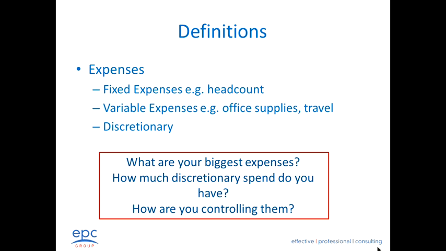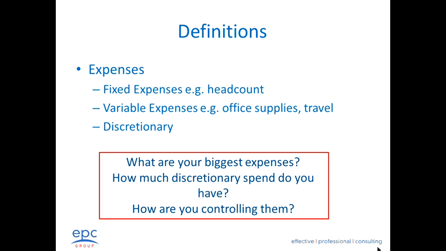The other one is travel. Those are the two, in my experience, that I see get out of control the fastest. So those would be the ones that I would suggest you investigate quickly to see whether or not there's opportunity to reduce those, because that's going to have a direct impact on your bottom line as well.